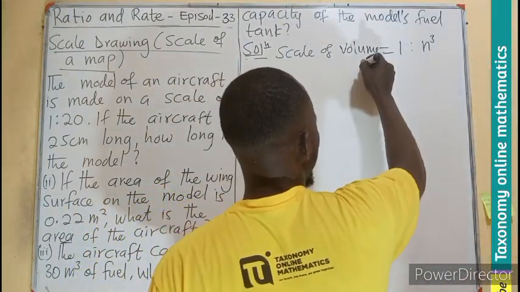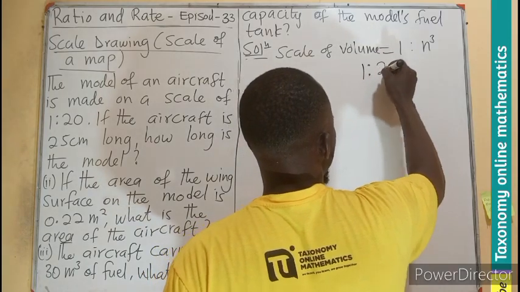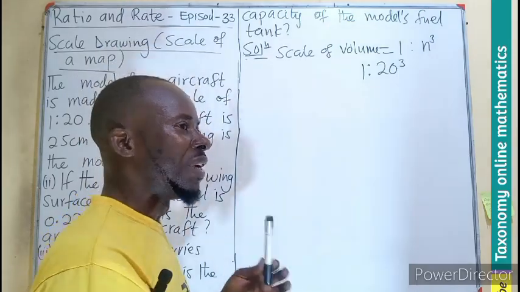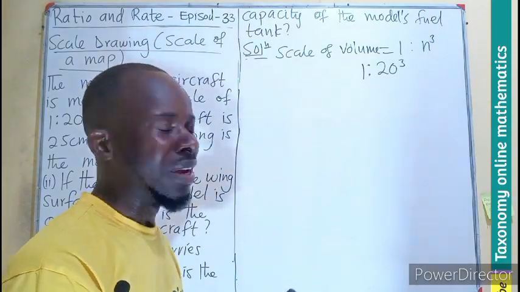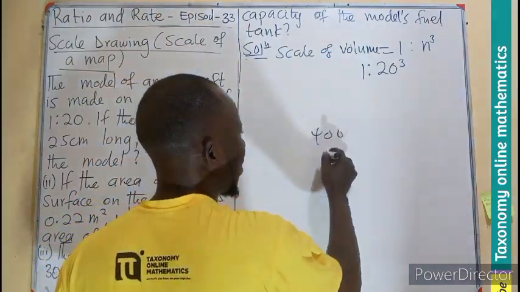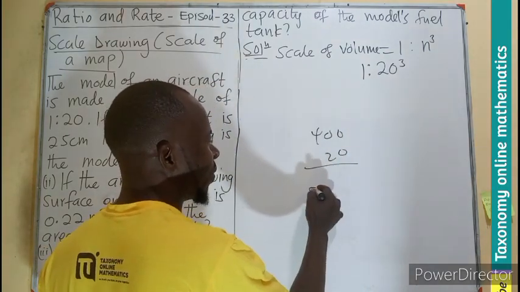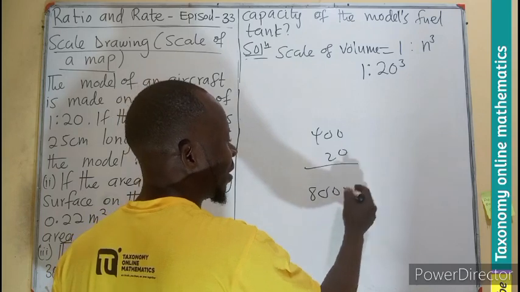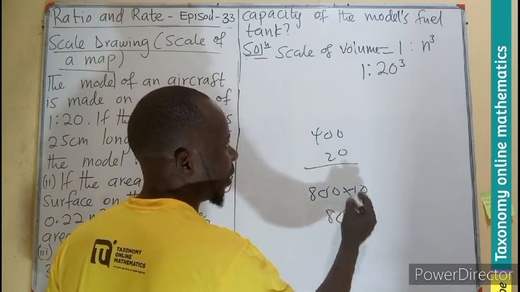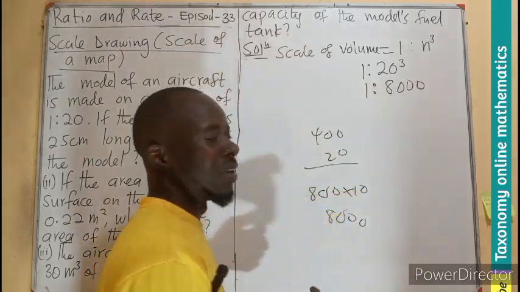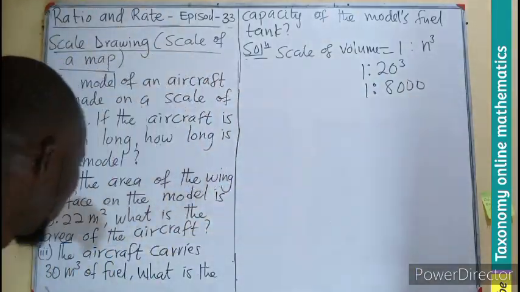So this is going to be 1:20 to the power 3. That simply means 20 times 20, that's 400, so we have 400 times 20, which is 800 times 10, that's 8,000. So 1:8,000.